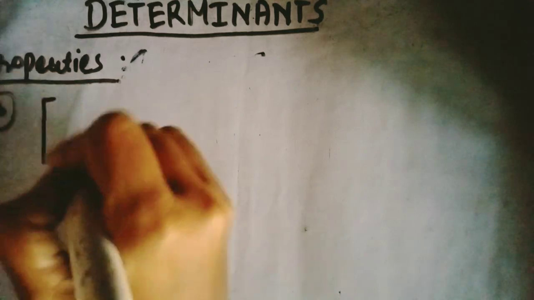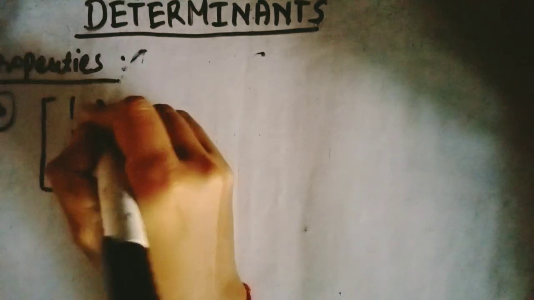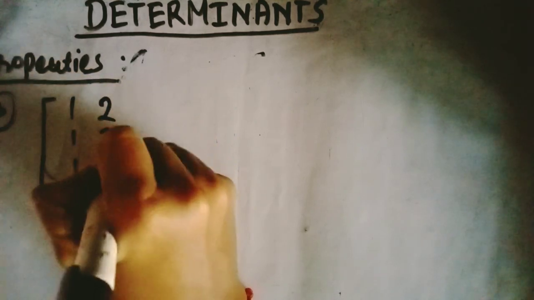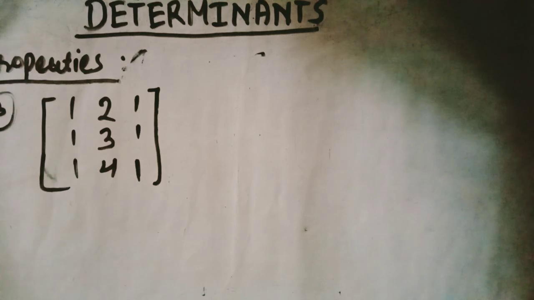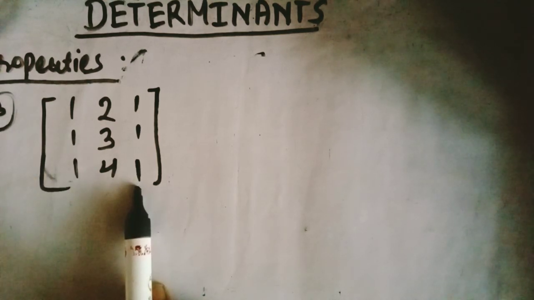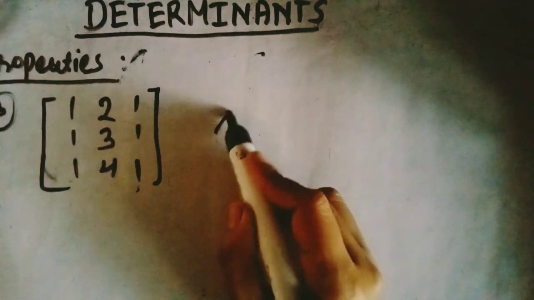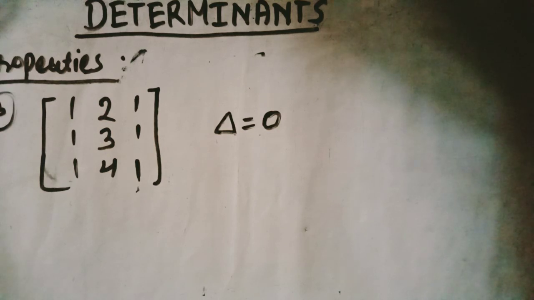Now suppose we have a determinant, say 1, 1, 1, 2, 3, 4 and 1, 1, 1. So these two rows are identical, right? So the determinant of this matrix will be 0. So if any two rows or columns of a determinant are identical, then the determinant value is 0.